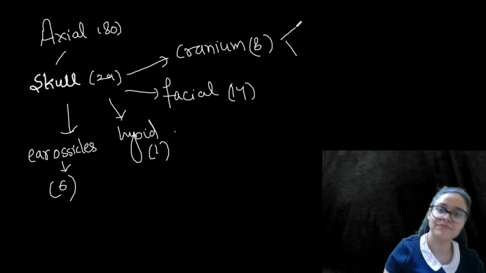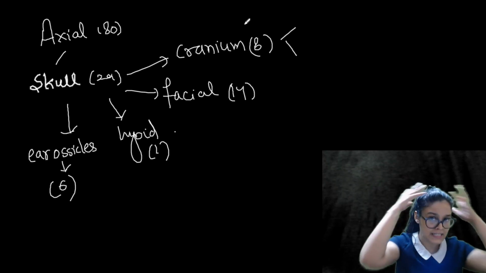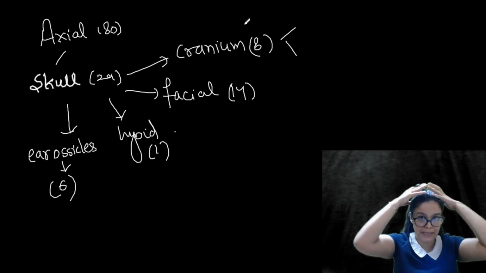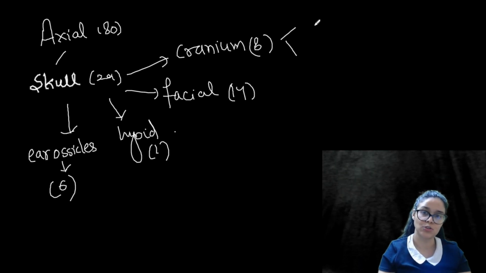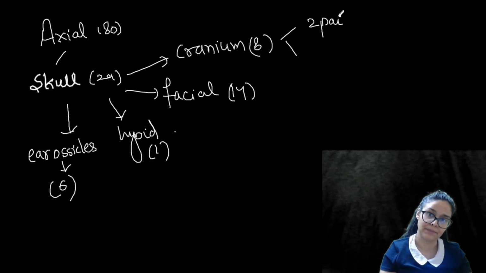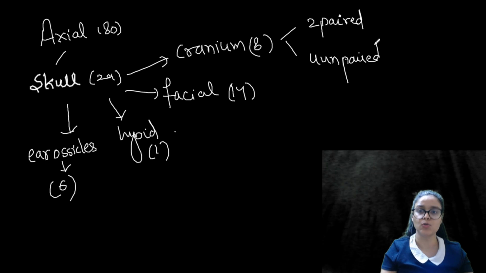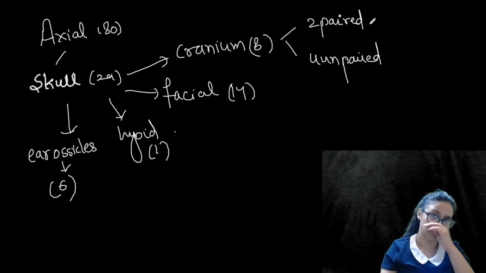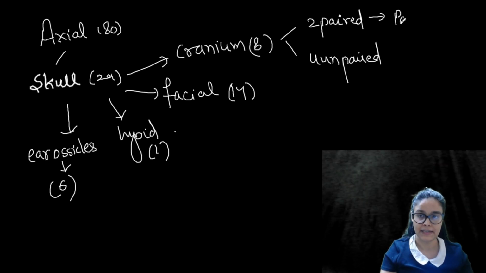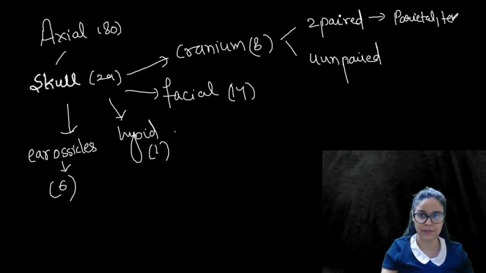So the cranium, if we talk about this skull, the brain box cranium, has 2 paired and 4 unpaired bones, right? So 4 unpaired means 4, and 2 paired means 4, so total 8. Which are paired? Parietal is paired and temporal bone is paired.